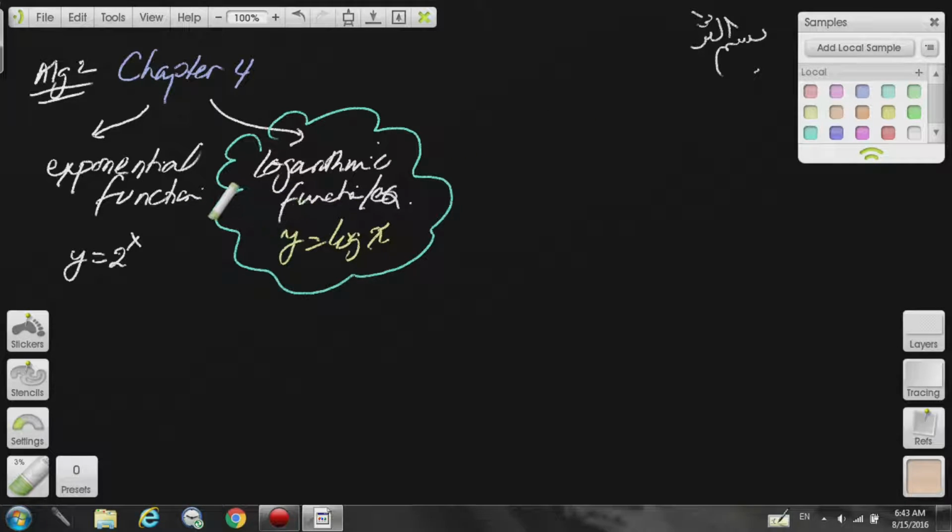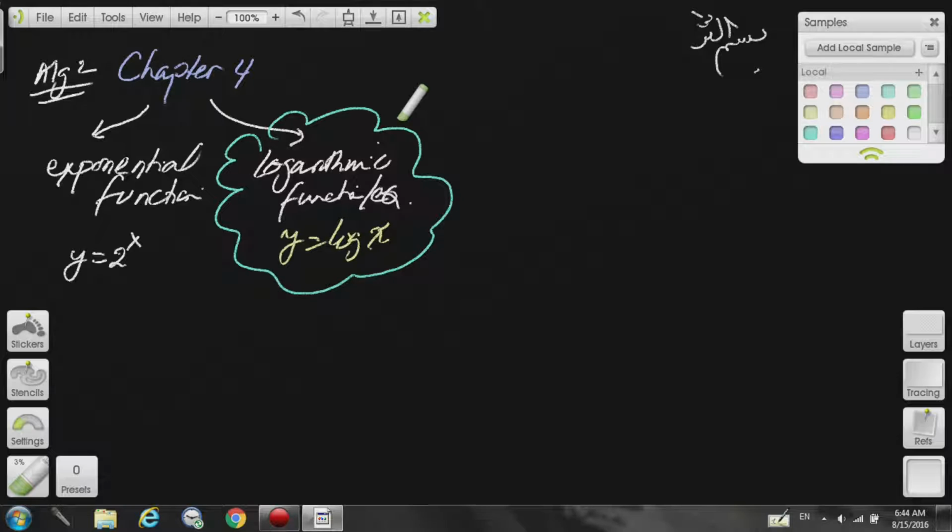These two, exponential functions and logarithmic functions, are related, of course, and that's why they are in this chapter. Some of this material we have already covered, and it's going to be a review, and then I'm going to try to elaborate on this, inshallah, a little bit more.